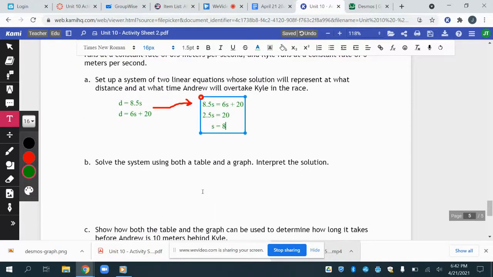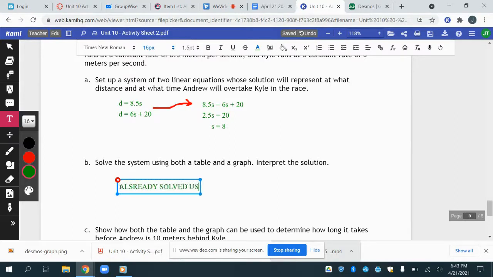All right. That's the way I want you to solve it: already solved using substitution. It is very important for you to know how to do substitution.